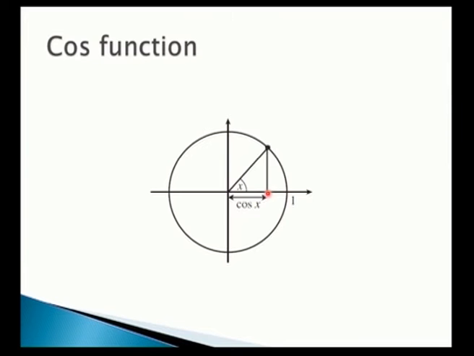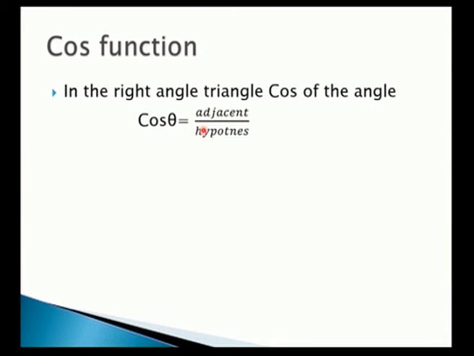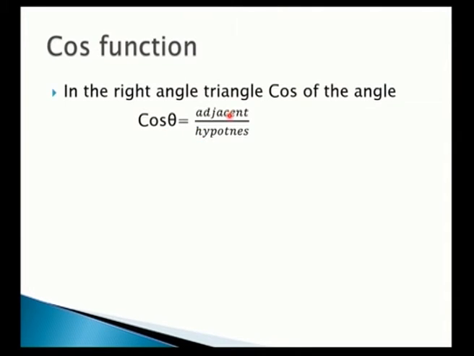This side is the opposite side, and this side is the hypotenuse, and this side is the adjacent side. Definition of cos function is cos theta is equal to adjacent over hypotenuse, or cos of the angle is defined as cos theta is equal to adjacent by hypotenuse.